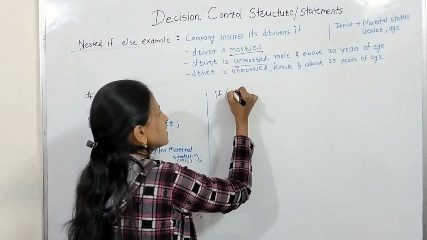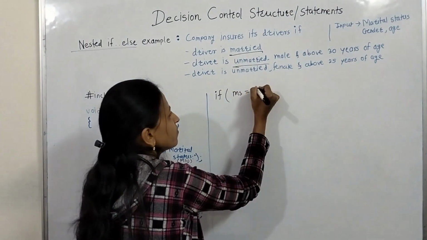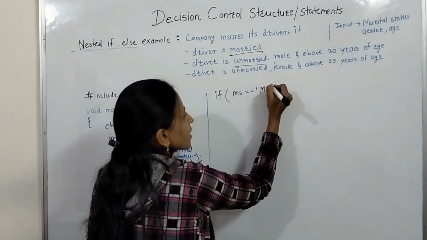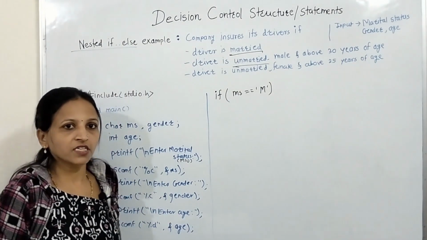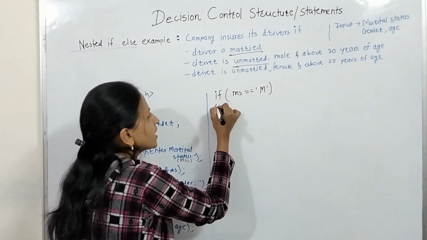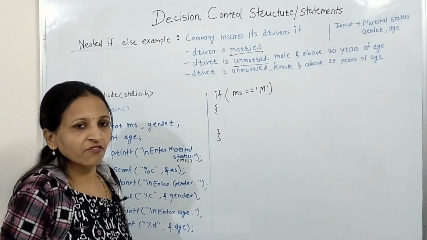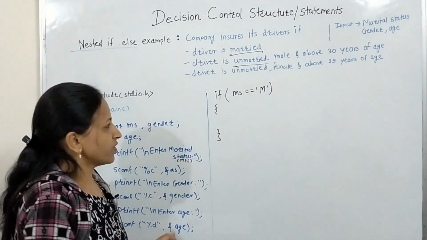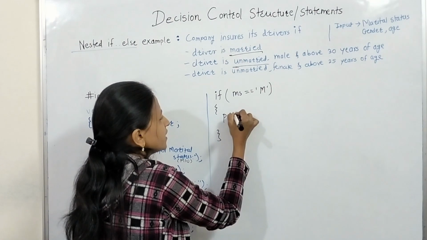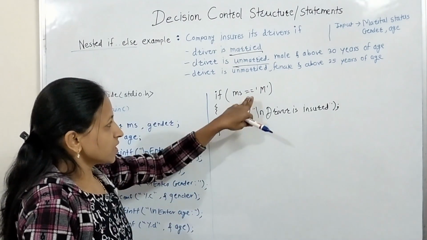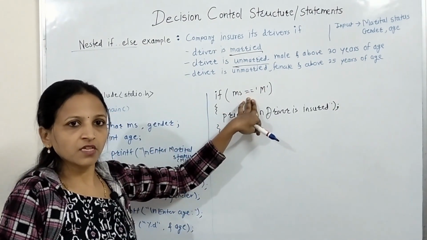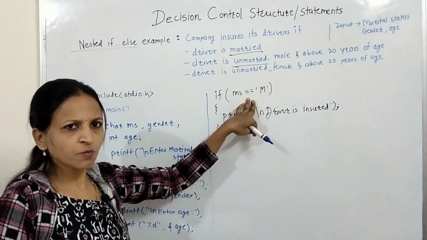Here we will write: MS is equal to M. Capital M means the driver is married. In that case, we can directly write that the driver will get insurance, or the driver is insured, with printf. See, if this condition is false, then control will go inside the else block.